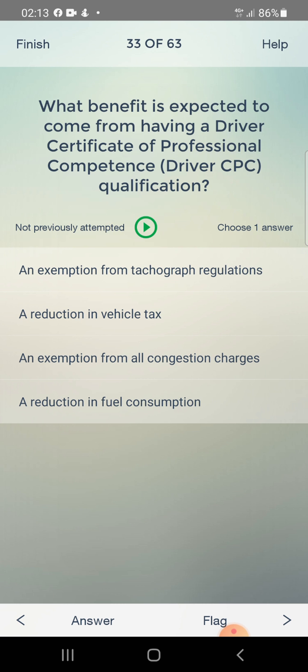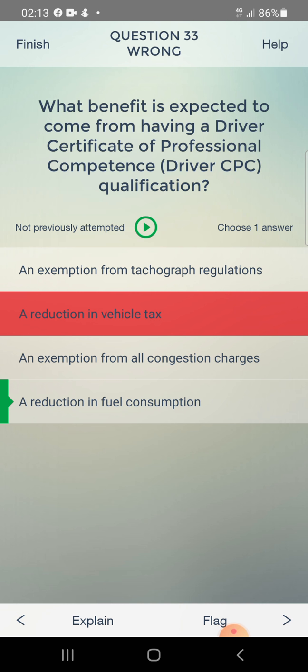An exemption, reduction in vehicle tax. Okay. No. A reduction in fuel consumption. Okay.